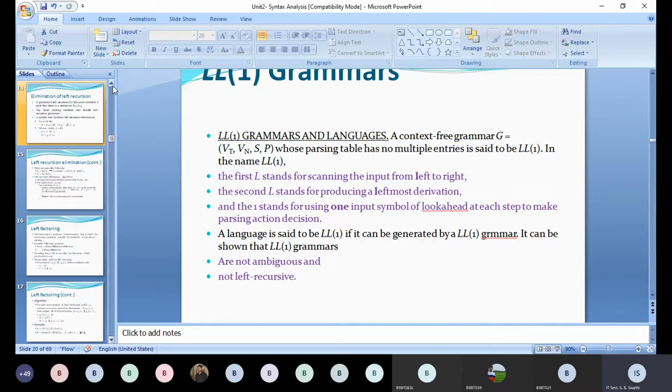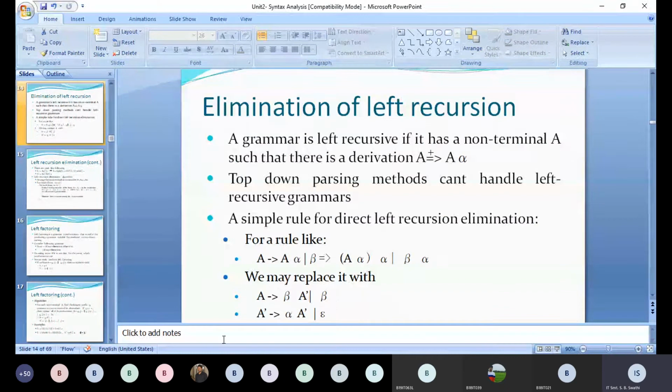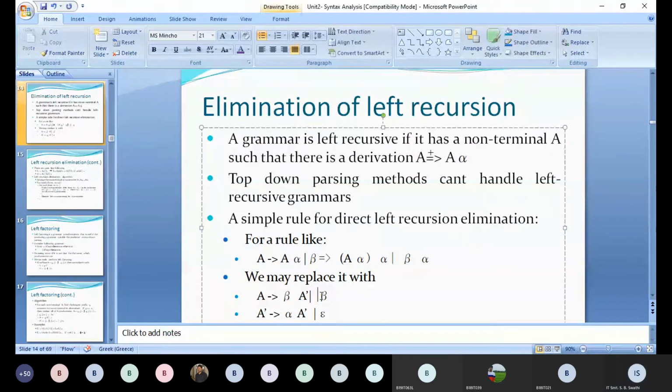And A is replaced with what? It is only beta A dash, beta is not there again. A goes to beta A dash. That's all. And A dash goes to alpha A dash or epsilon. This beta is the other production; this is not part of the formula.